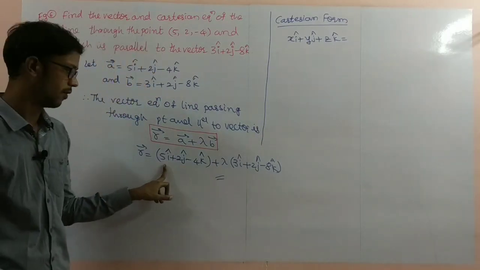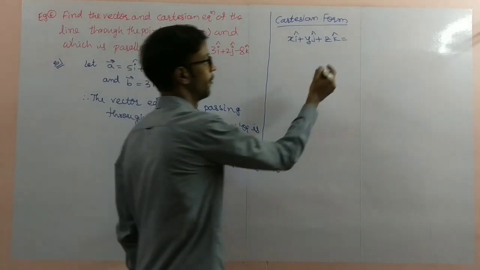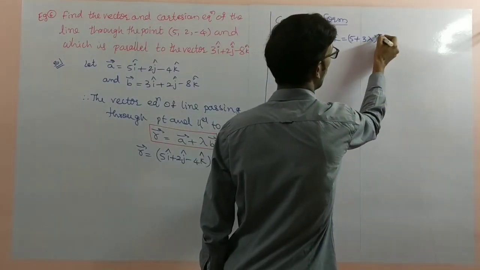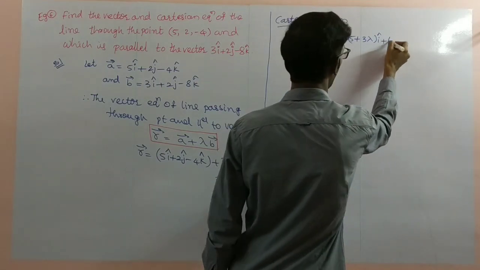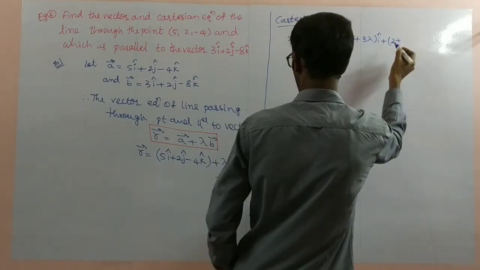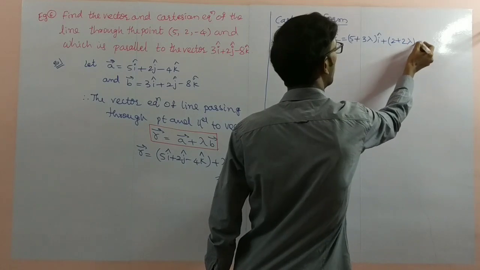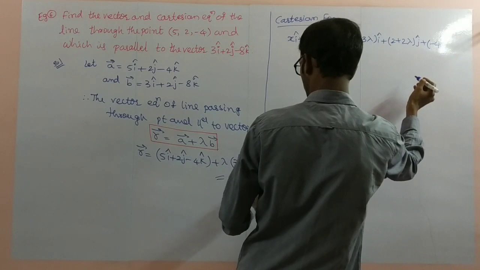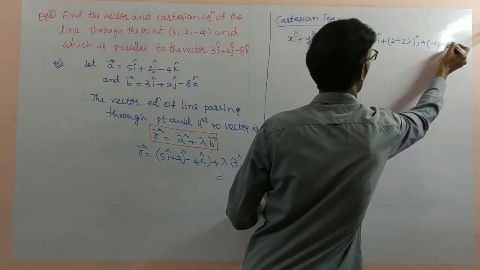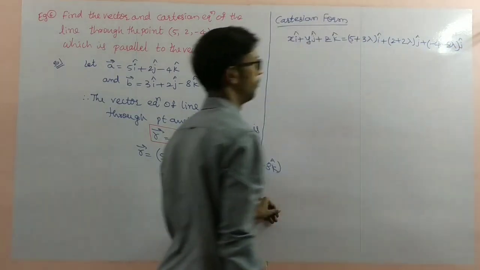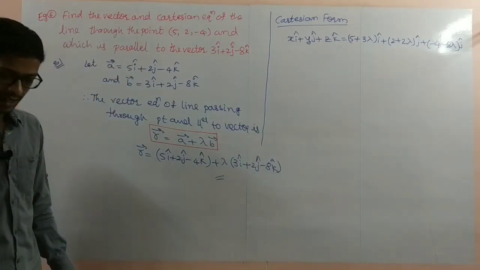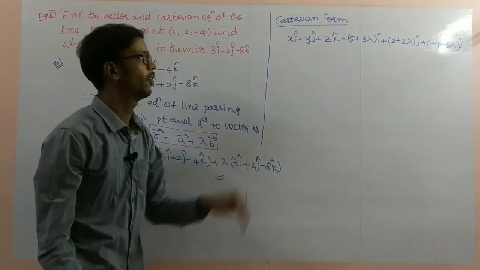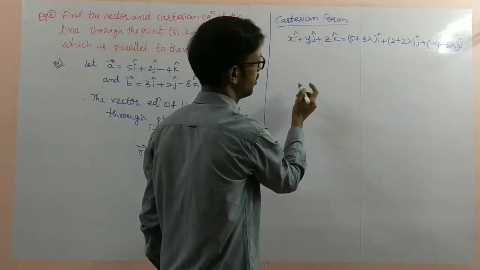Simplify and write (5 plus 3 lambda) i cap, (2 plus 2 lambda) j cap, plus (minus 4 minus 8 lambda) k cap.